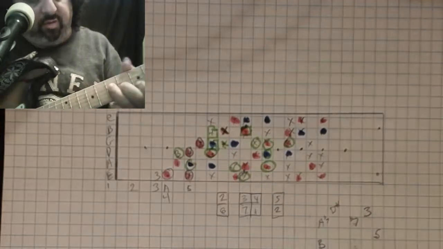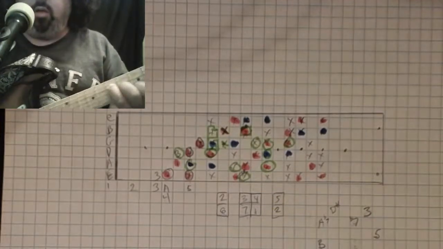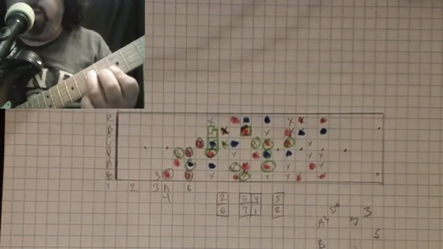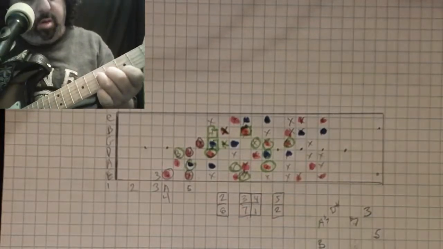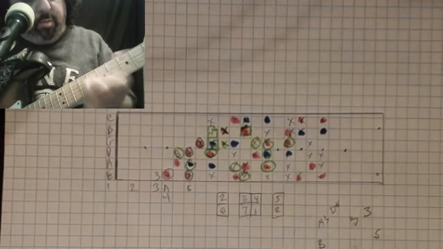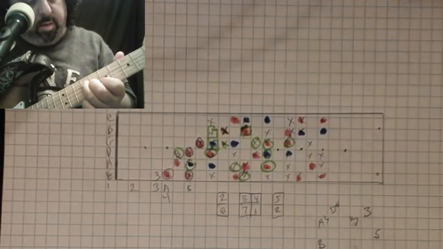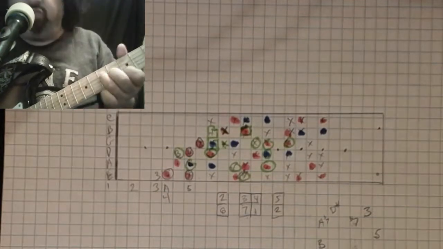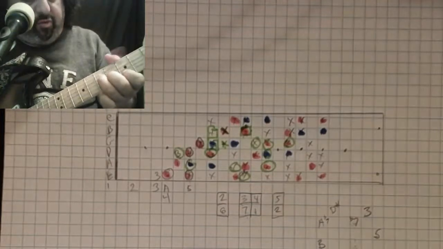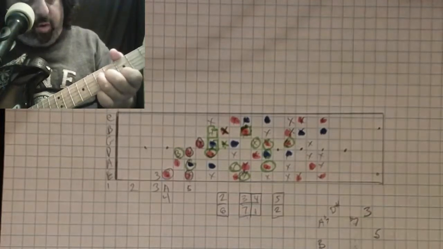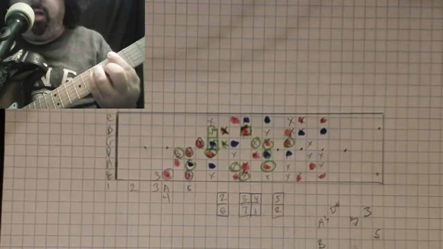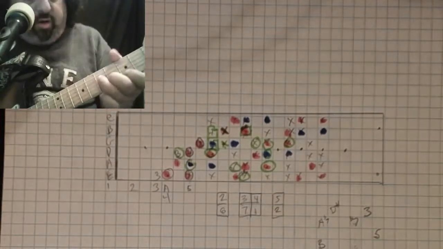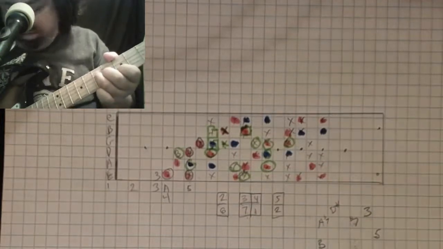Just take these three notes here, almost like as if you're making an F shape, but I'm not playing that bottom note. Move that up here. Since you have two majors, because you're playing that bit of the chord, it's basically that B. It's a bit of that B bar chord, so we're just going to call that B major.